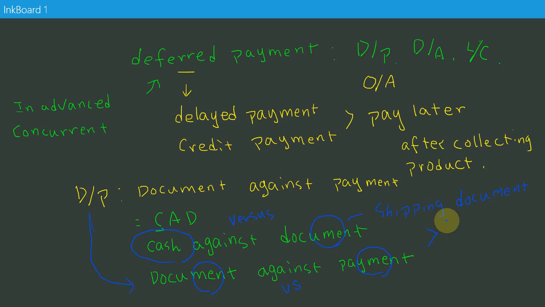The same method, then why different terms? Because we have a big difference between these two terms. The big difference is whether draft is issued or not.